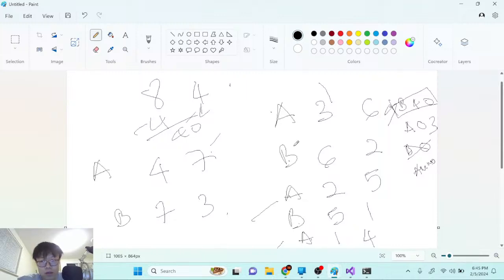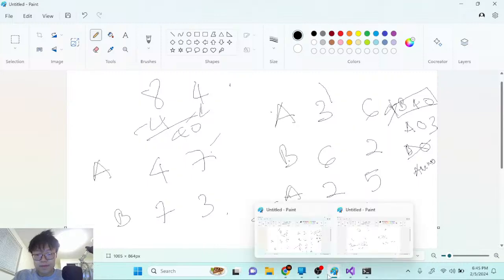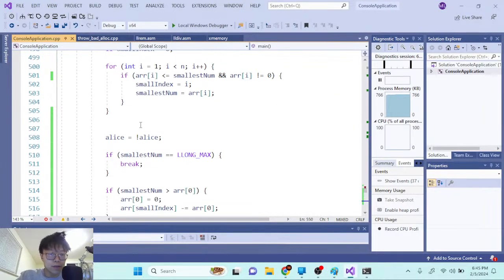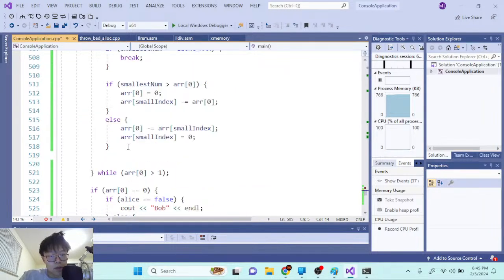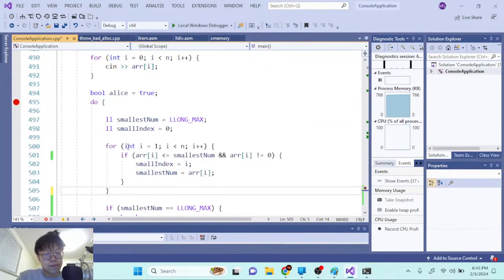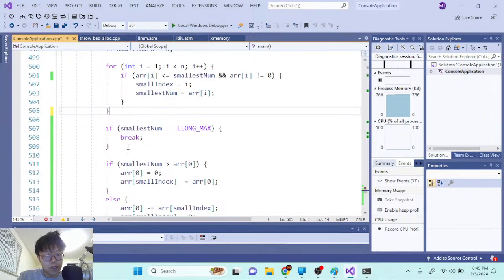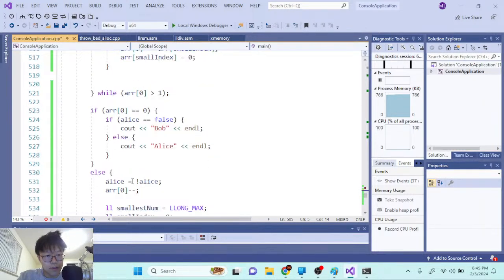So let's actually not do the Bob Alice thing in the while loop here. I know that's counterintuitive.